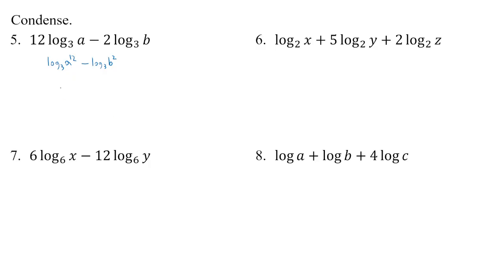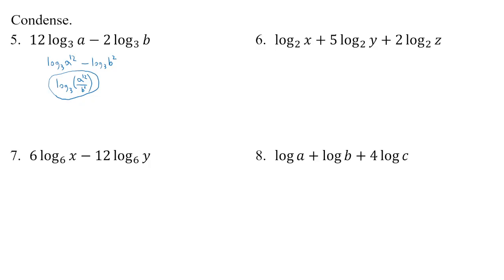And now that we have a difference, we're going to write this as a log of a quotient. Therefore, this is log base 3 of A to the 12th over B squared. It is written as one log. You're finished condensing.